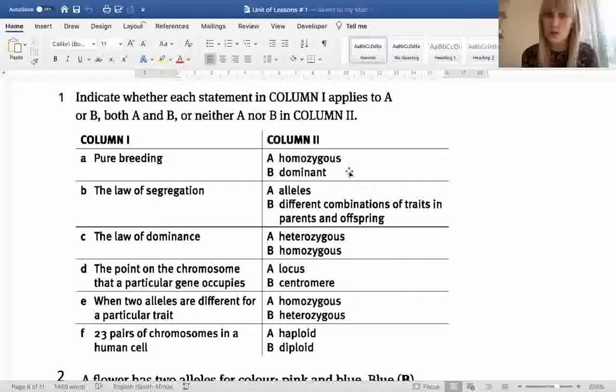We've done this. The answer is heterozygous. F, 23 pairs of chromosomes in a human cell. This is a little bit of remembering from the previous unit. Is it A, haploid, or B, diploid? The answer is, of course, B, diploid.